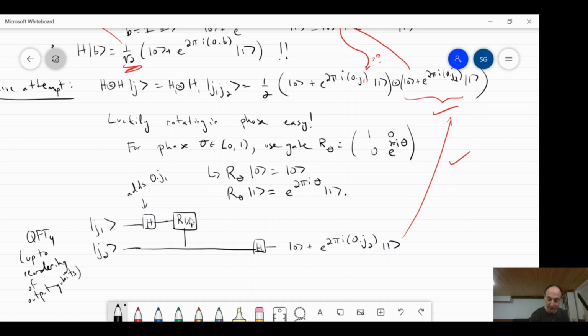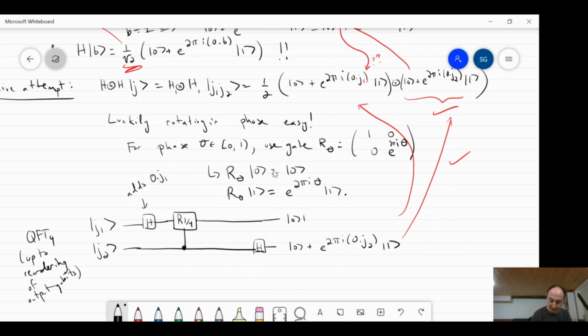And this has to be controlled on J2, because what I'm rotating into this first register, which is this wire here, is going to be dependent on J2. So that's why I have this control wire. And that is literally it.